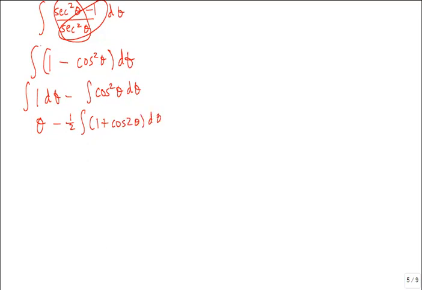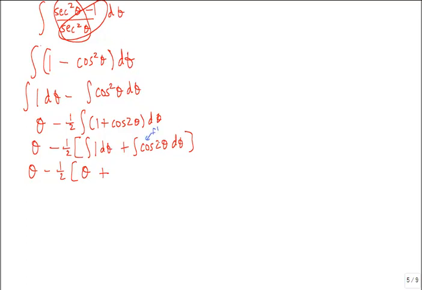You double that angle. And what I need to do at this point is, again, break this up into two separate integrals. I'm going to leave that 1/2 out front. The first integral will just be the 1 dθ, and the second integral will be the cosine 2θ dθ. So the integral of 1 dθ is θ again, plus, to integrate cosine 2θ, remember your pattern recognition.